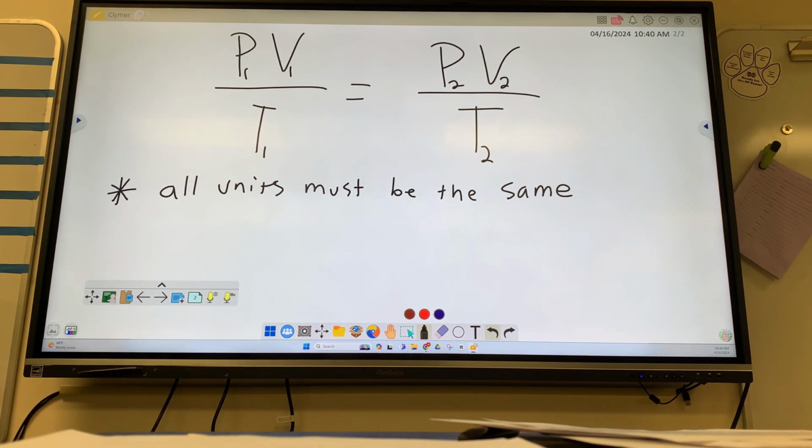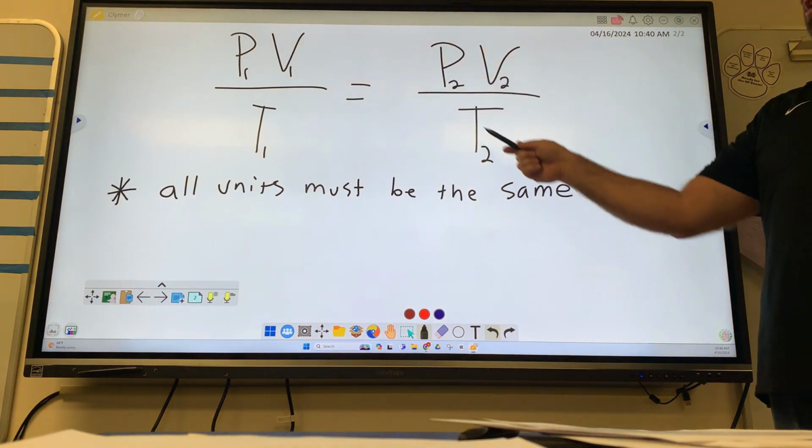It's a measurement of pressure. Okay, cool. Volume, same thing. If you have liters on the left, you need to have liters on the right. You can't have liters and cubic inches. You can't have, I don't know, pick another volume measurement, gallons and cups. The units must be the same.